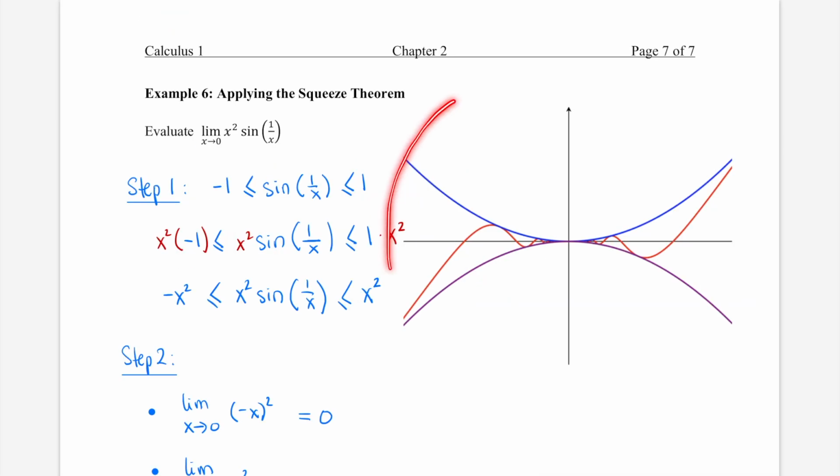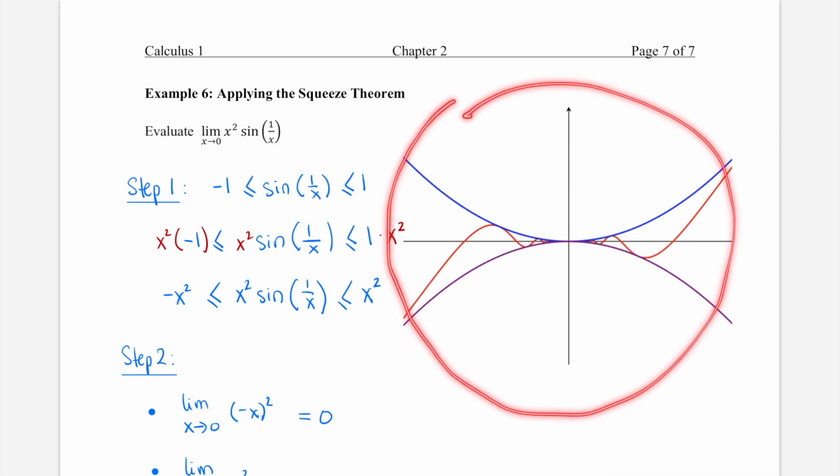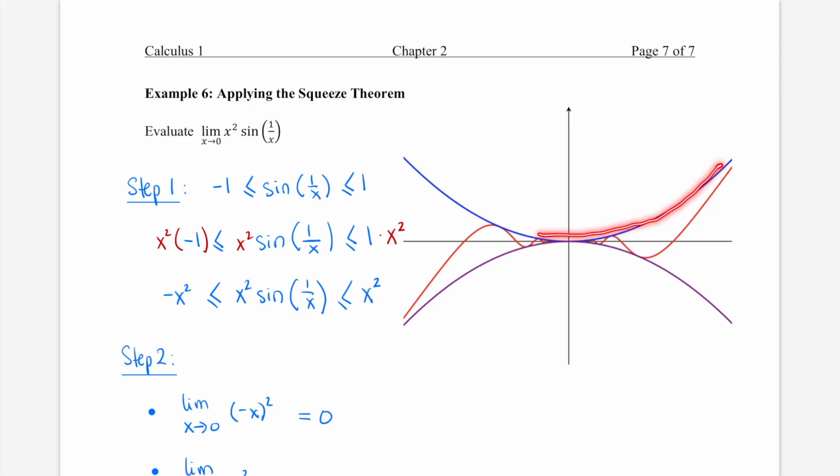Now, let's look at the graph for a moment. The top curve is x squared. The bottom curve is negative x squared. And the middle curve is x squared times sine of 1 over x. Notice that the middle curve is always trapped between the top and the bottom.